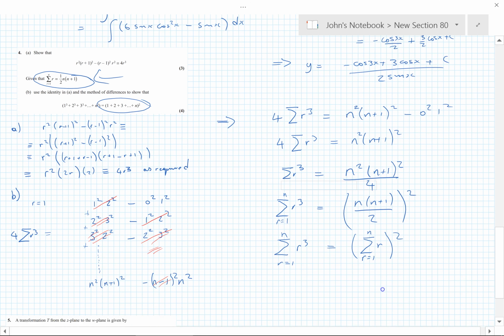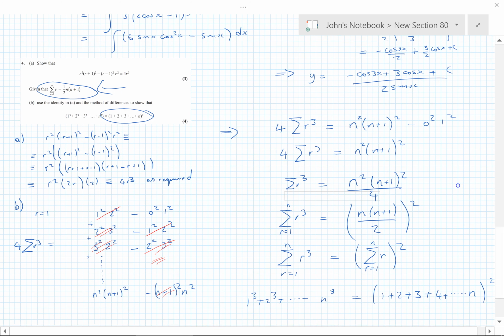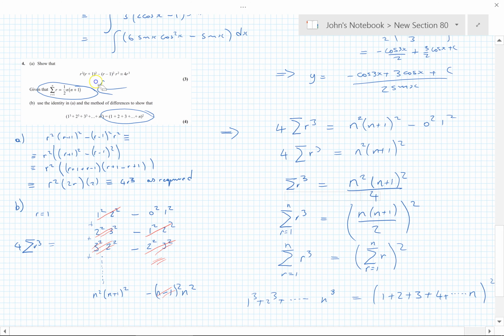Which is what we've been asked to show. I might as well write out the line: 1 cubed plus 2 cubed plus up to n cubed is equal to 1 plus 2 plus 3 plus 4 up to n, squared, as required.